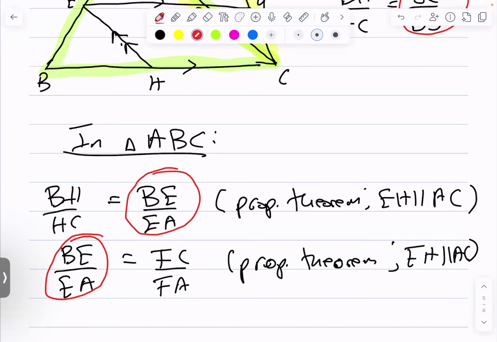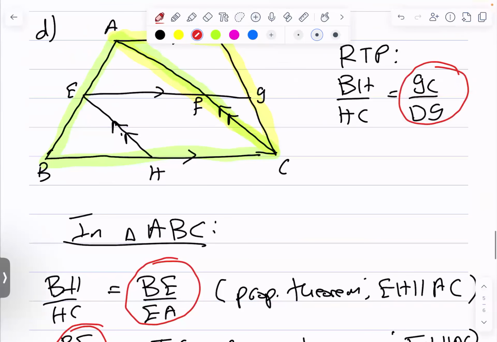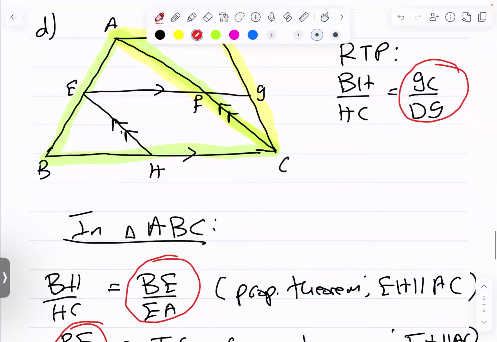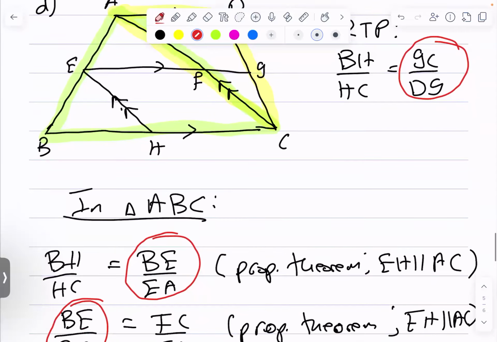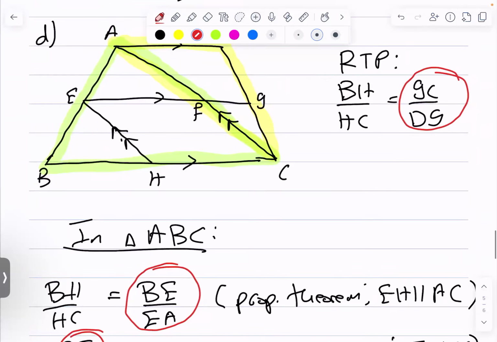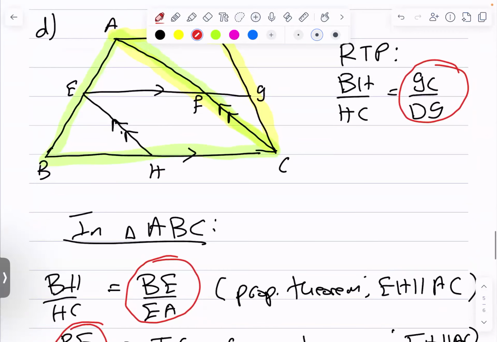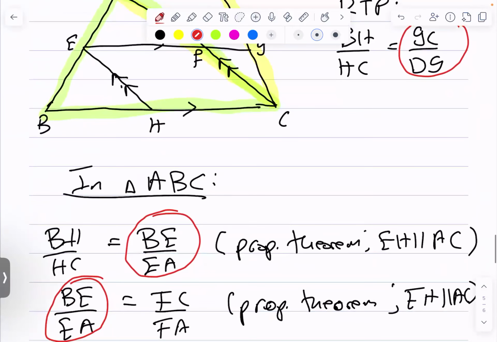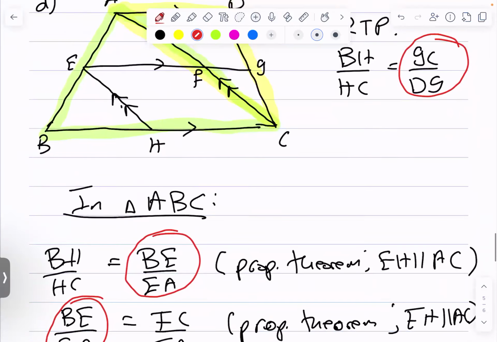So the proportionality theorem of BE over EA and FC over FA is caused by a different set of lines. Also, instead of saying EH is parallel to AC, you can say EF is parallel to BC. Let's just repeat that.